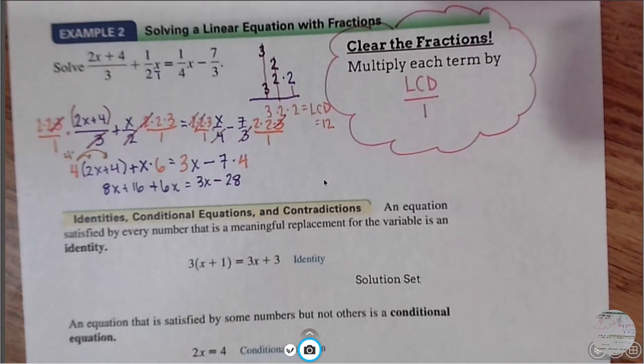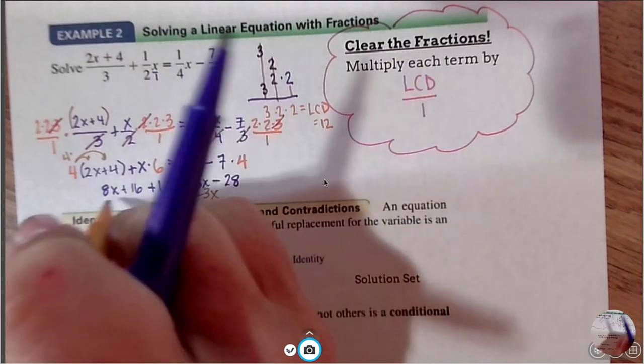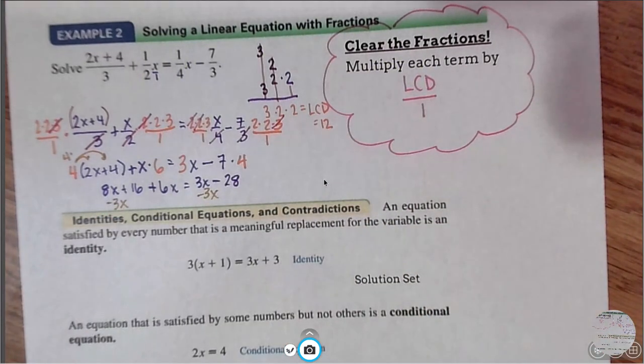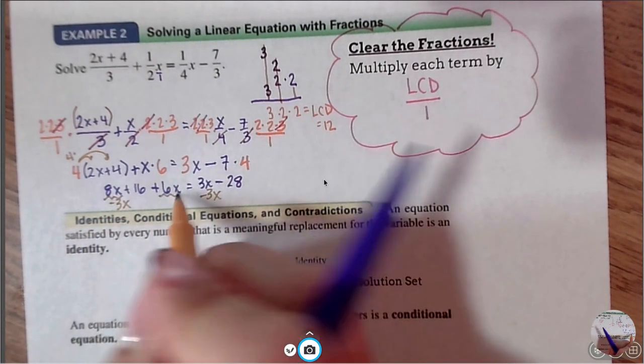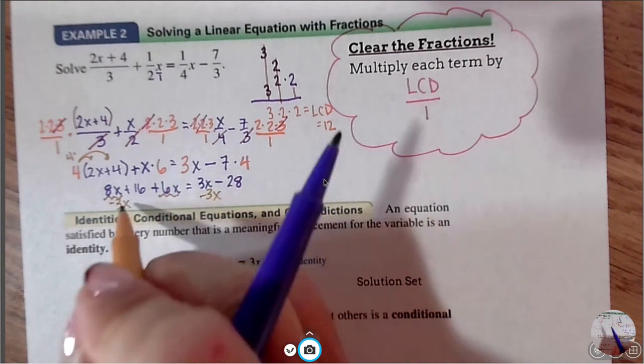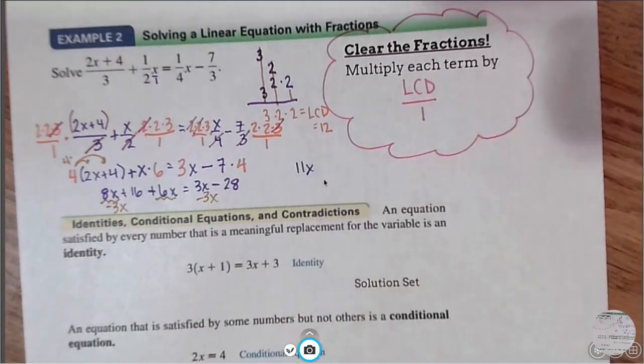So remember I said I like to have my coefficients be positive, so I'm going to go ahead and subtract the 3x from both sides. And while I'm at it, I'm going to combine it with the 8x and the 6x. So 8x and 6x subtract 3x is going to be 11x.